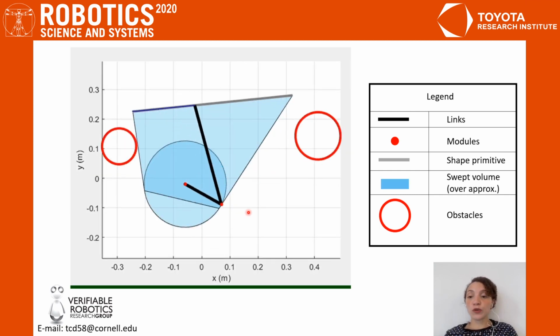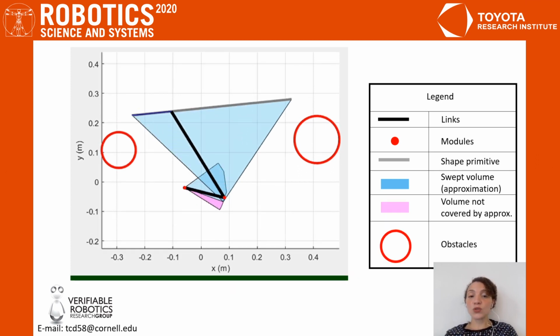Collision avoidance is performed in steps. First, given the candidate structure of the manipulator, we calculate an over-approximation of the swept volume, and we add constraints imposing that there is no intersection between the swept volume and the obstacles in the environment. However, this swept volume over-approximation might be too conservative, resulting in no solutions when there might exist one.